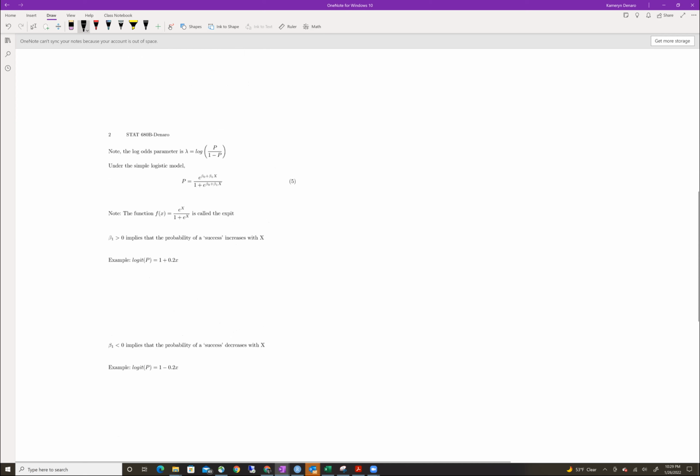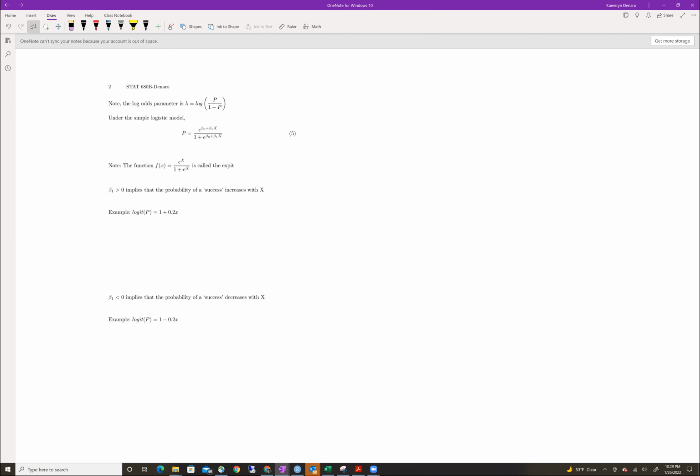Remember that our log odds parameter is going to be lambda equal to log of p over 1 minus p. If we do some calculations, we can actually solve for p. Remember that we have log of p over 1 minus p equal to beta 0 plus beta 1x.